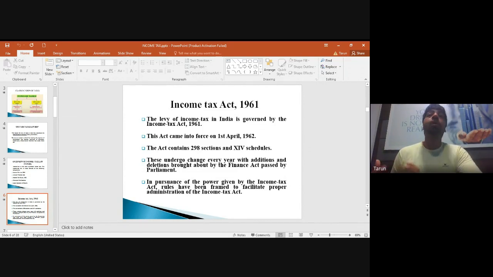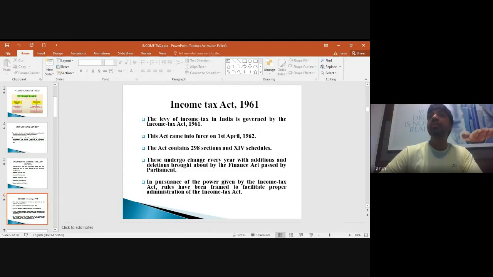A person is also an association of persons as well. So we cannot consider a person to be only an individual; under the Income Tax Act, a person has various names which are assessed in different manners, right?